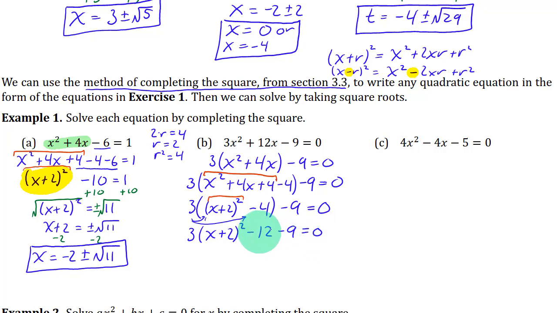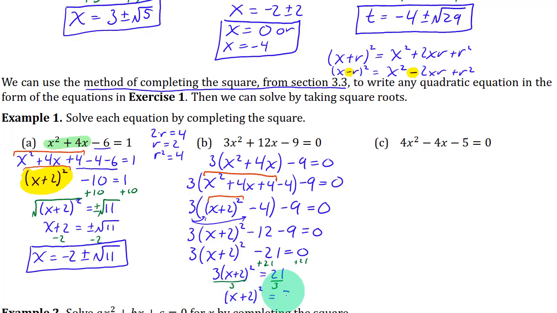And negative 12 minus 9 is negative 21. So at this point, we're going to add 21 to both sides. That leaves 3 times x plus 2 squared equals 21. Divide everything by 3. That'll leave you with x plus 2 squared equals 7.